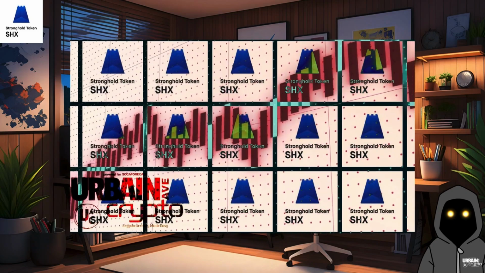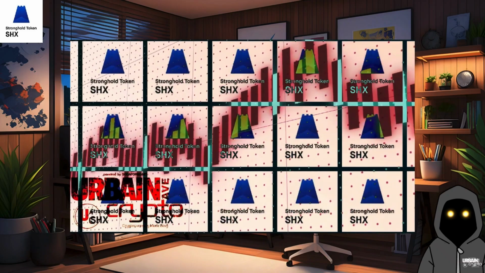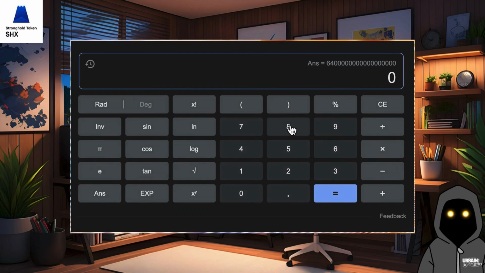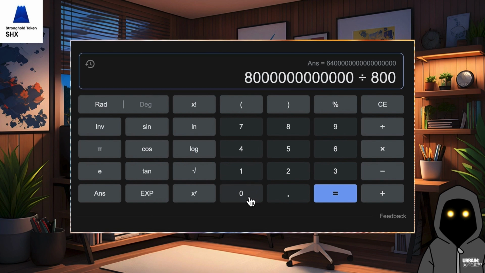To see how much SHX will be used every year to move the $8 trillion, you would have to take 8 trillion and divide that by 800,000. And the answer for that is 10 million. So the SHX network will be using 10 million SHX per year to move $8 trillion a year, with each SHX being priced at $800,000.